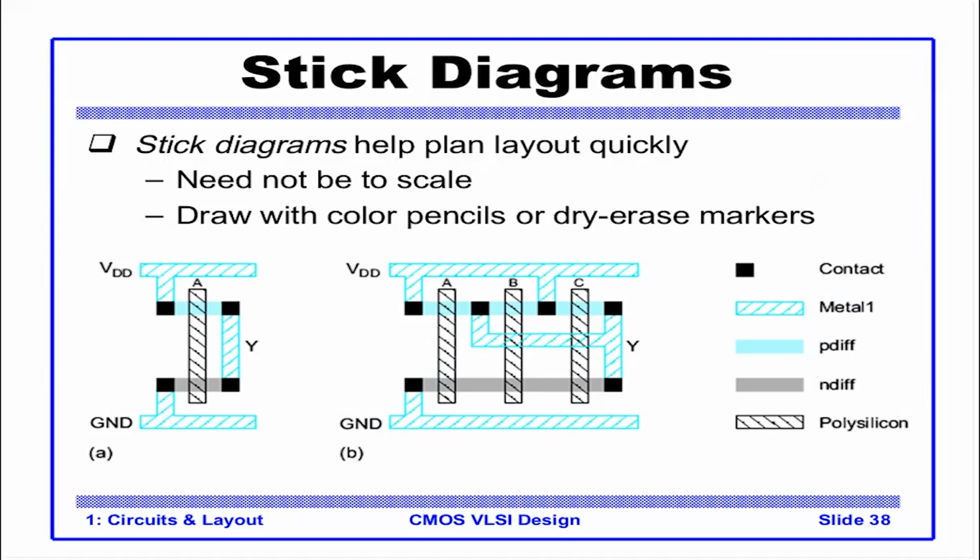You can do 1 or 2 exercises yourself on paper to make sure the concept is clear. So A is an inverter layout, and B here is an AND gate layout. Different legends are shown on the right side. So contact is shown by black, metal is a white bar, and diffusion is a gray bar, and so on.